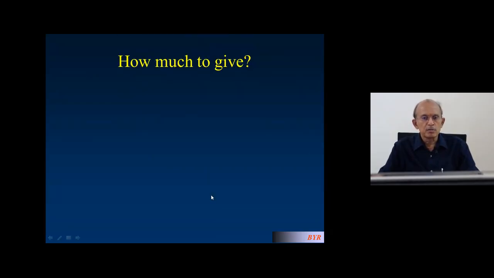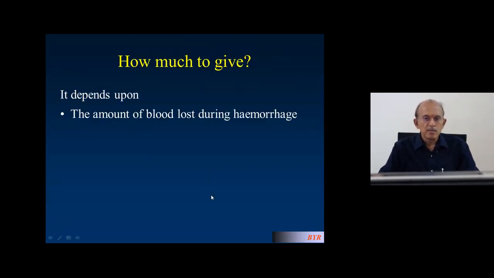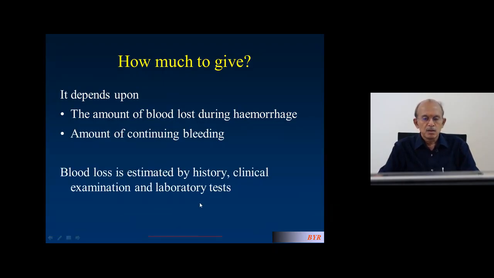How much to give depends upon the amount of blood that is lost during hemorrhage, and the amount of continuing bleeding. So how much blood is lost during hemorrhage? Say the patient was brought to the hospital from a roadside accident.